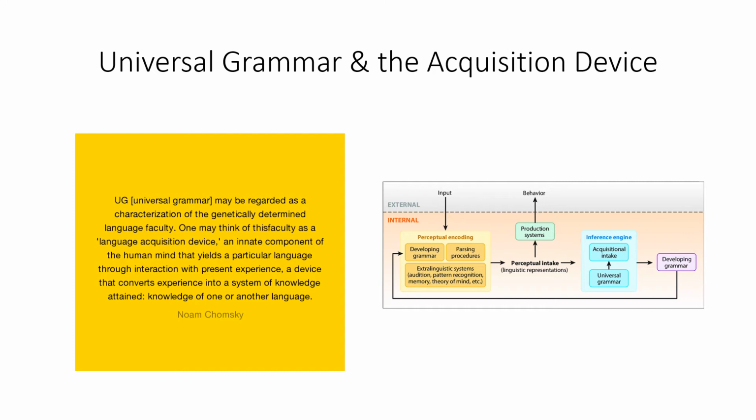And it's that part of the mind that allows all of this to happen. And it allows any child, any small child, any baby, infant, to learn any human language.